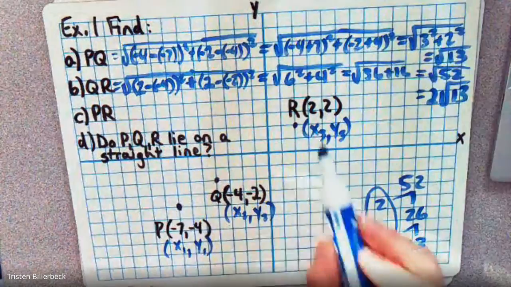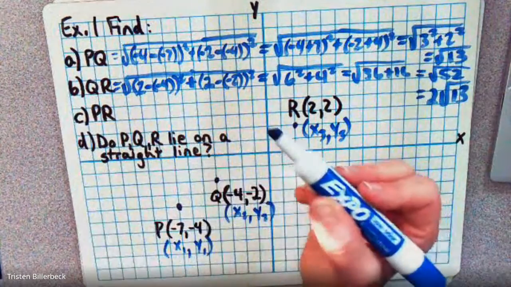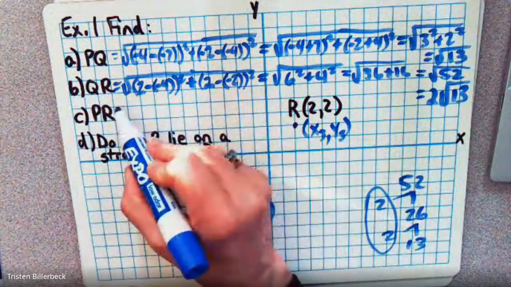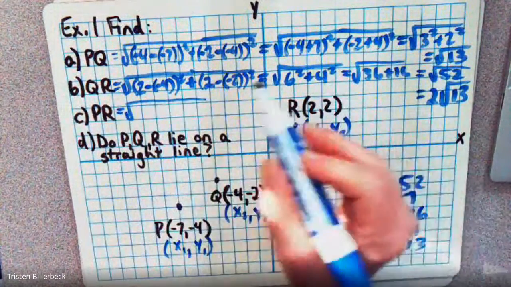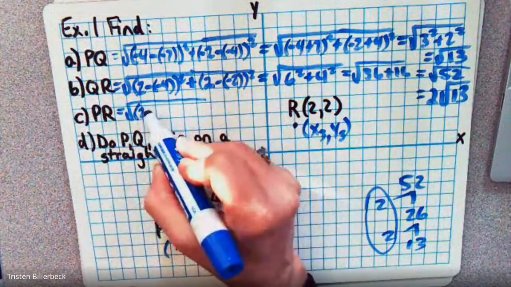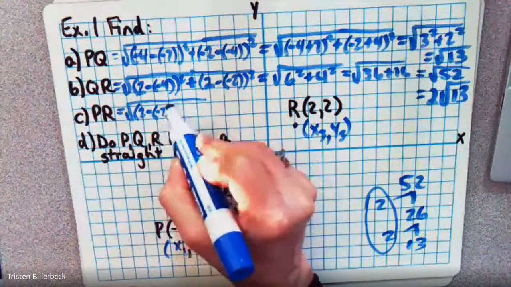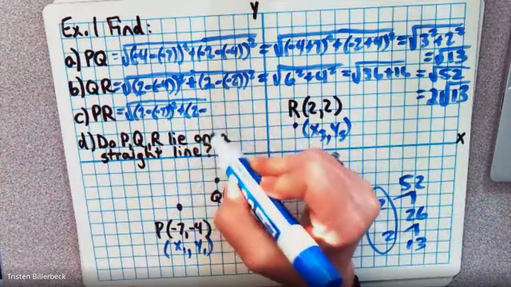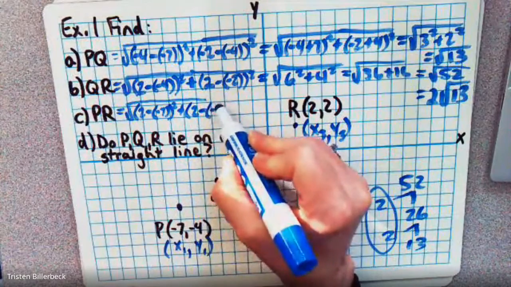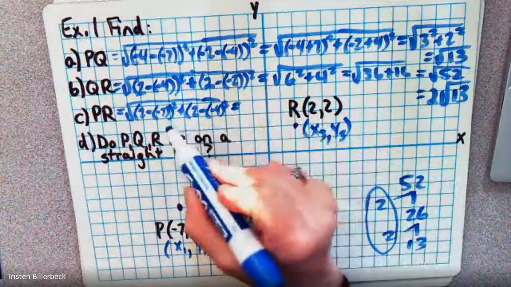Okay, so PR, the whole thing. So PR is going to be square root, and then I have 2 minus a -7 squared plus 2 minus a -4 squared, which gives me the square root.